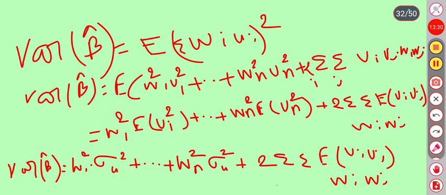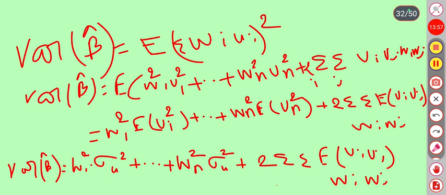And finally we get w1 square into sigma u square, w2 square into sigma u square, plus up to wn square into sigma u square. So expected value of u1 square, expected value of u2 square, expected value of u3 square, expected value of un square is equal to sigma u square.